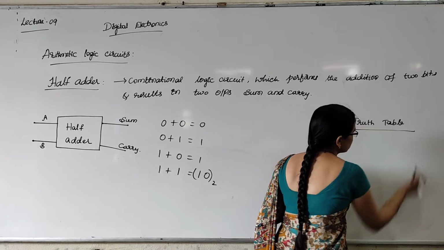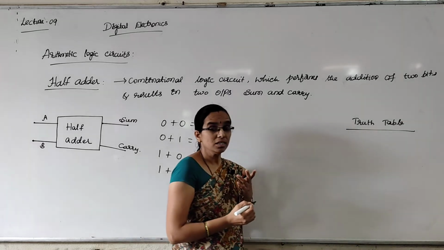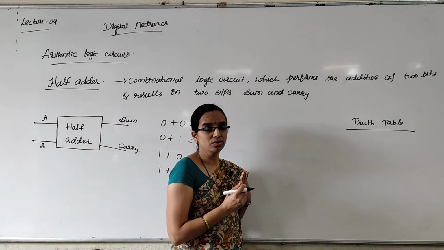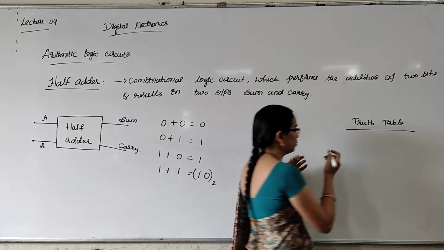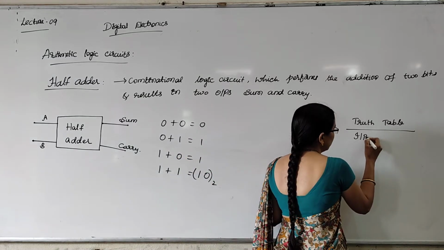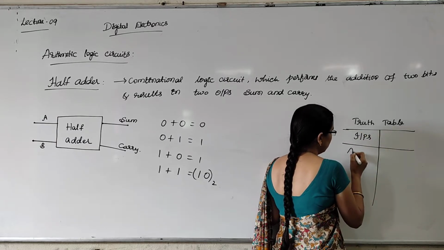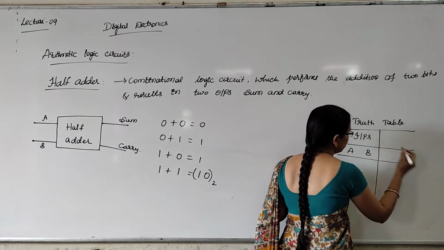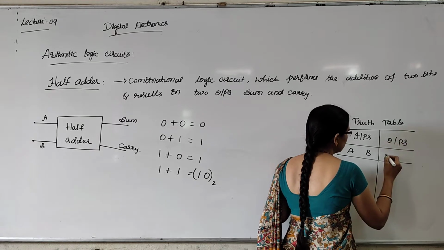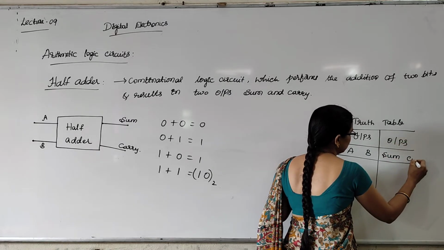any logic circuit you take, you are going to analyze using the truth table. A and B are the inputs. Outputs are sum and carry.